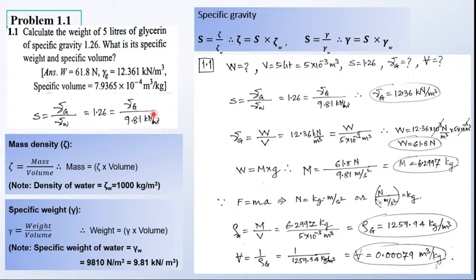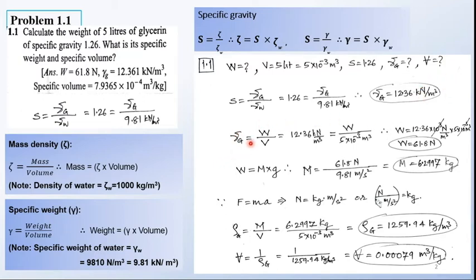So from this equation it is very straightforward that unit weight or specific weight of glycerine is equal to 12.36. The units are the same as those of water, that is kilonewton per meter cube. Here it is given 12.361. What we have got is 12.36. It's fine, kilonewton per meter cube.